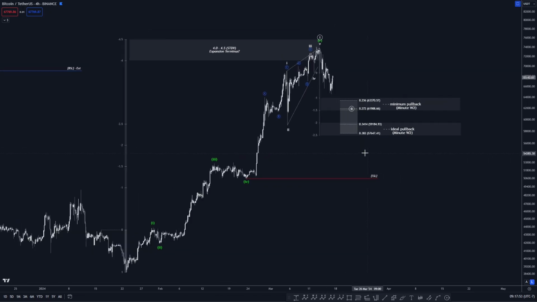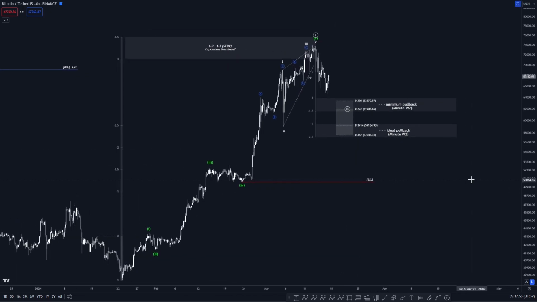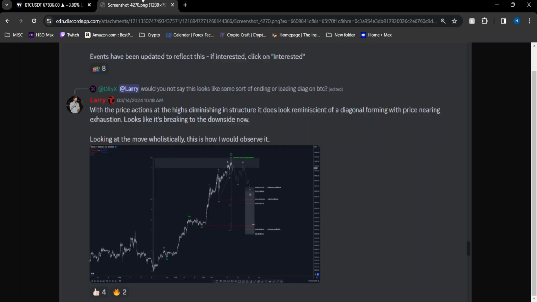Now this diagonal structure was tricky because the last time we did this stream, we were actually looking at this as a flat, like this. We were still going to take this low. But due to taking the highs and rejecting, and taking the highs and rejecting again, the structure was pretty similar to a diagonal structure.